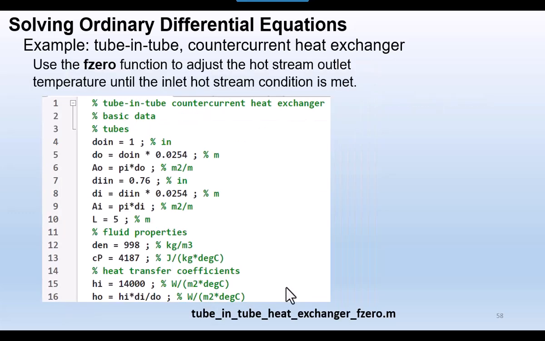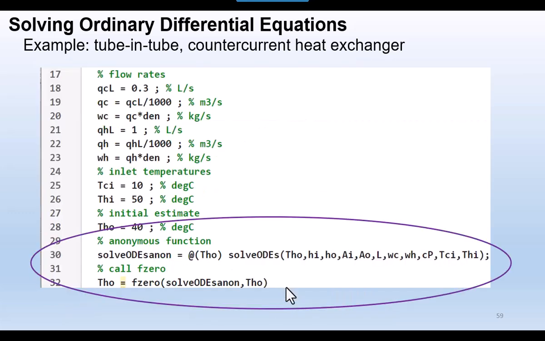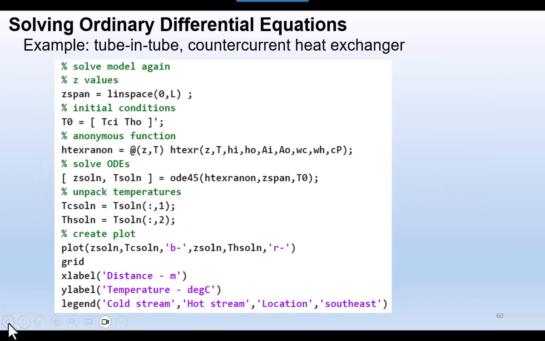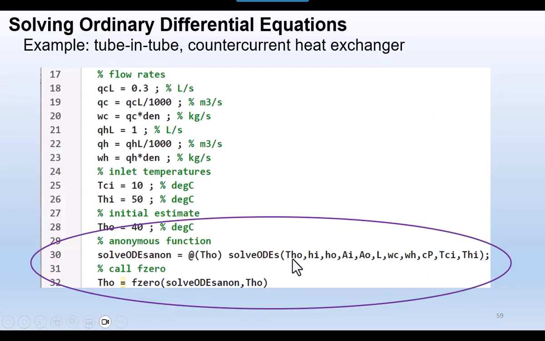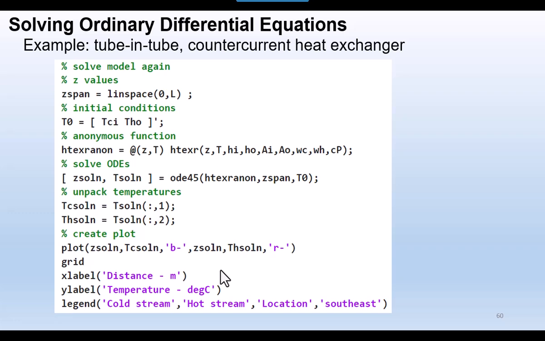So we came back, same front end, but now we're using F0 to adjust our initial estimate of the hot water outlet temperature and do the solve ODEs to drive that, so we get an inlet hot temperature at the end of the exchanger which is equal to the spec. And then we come through, solve them again, and create our plot.